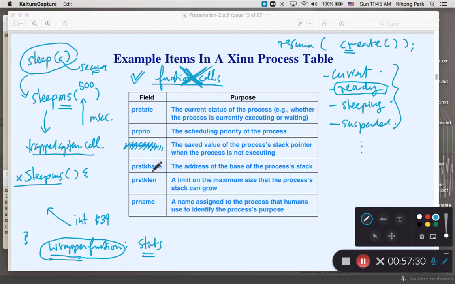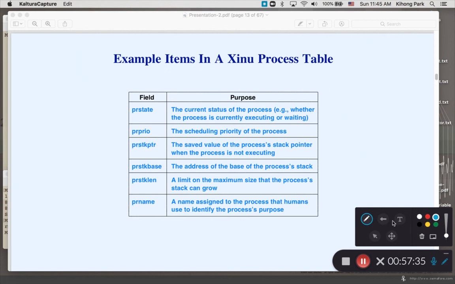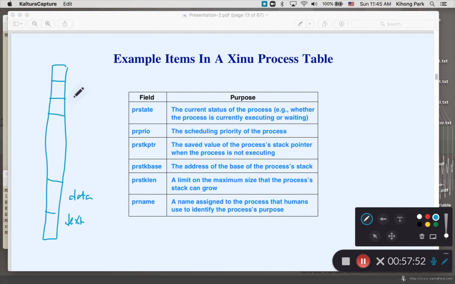Stack base, this is something simple. So here, I'm drawing Xinu again. This is for Xinu obviously, because this is the Xinu process table. So for Xinu the layout is: here is code, here is data, heap. I just write data generically speaking, and then we have here stack regions per process, for processes P1, P2, P3.